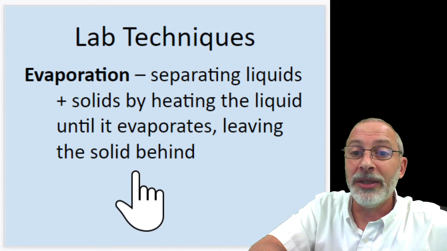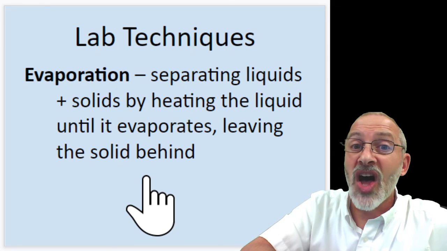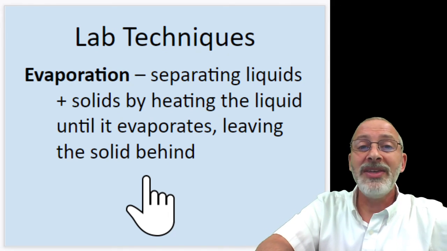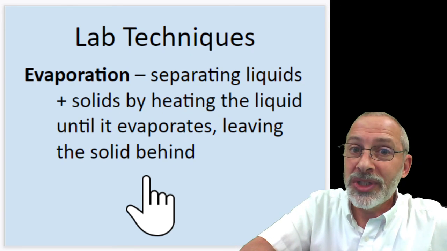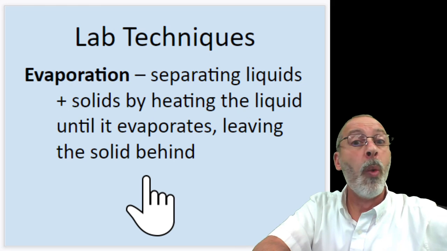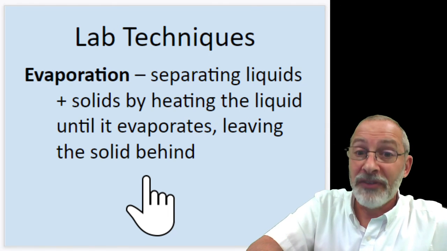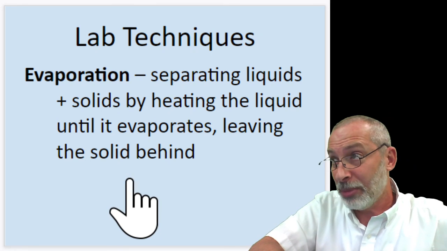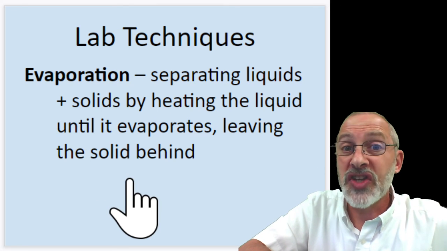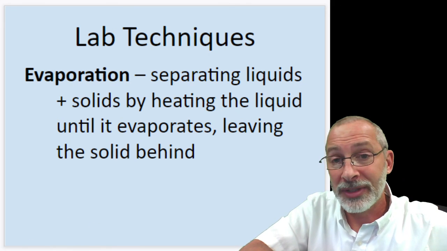Whatever that solid material is, it could potentially have been dissolved as a solute in the solvent of water, and that could only happen if that solid exhibits solubility, or the ability to dissolve.